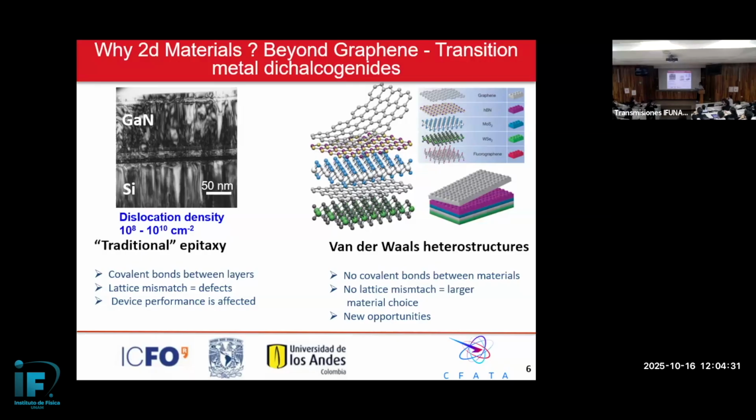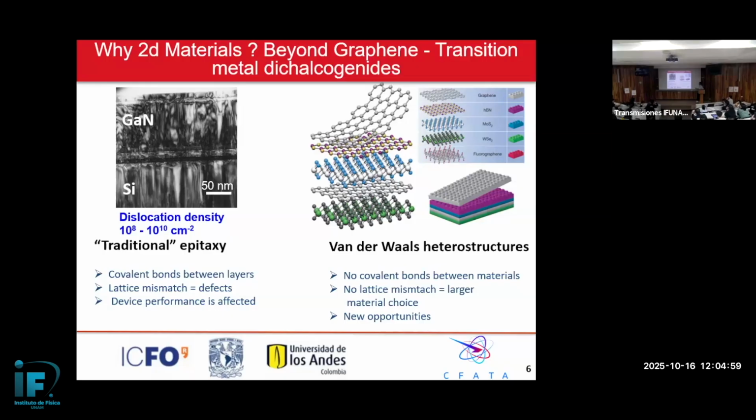So if you stack gallium nitride on top of silicon, I mean, if you grow it from scratch, then what happens is you're going to start having a high density of dislocations at the interface, right? And the consequence will be that the performance of the devices starts to decrease.